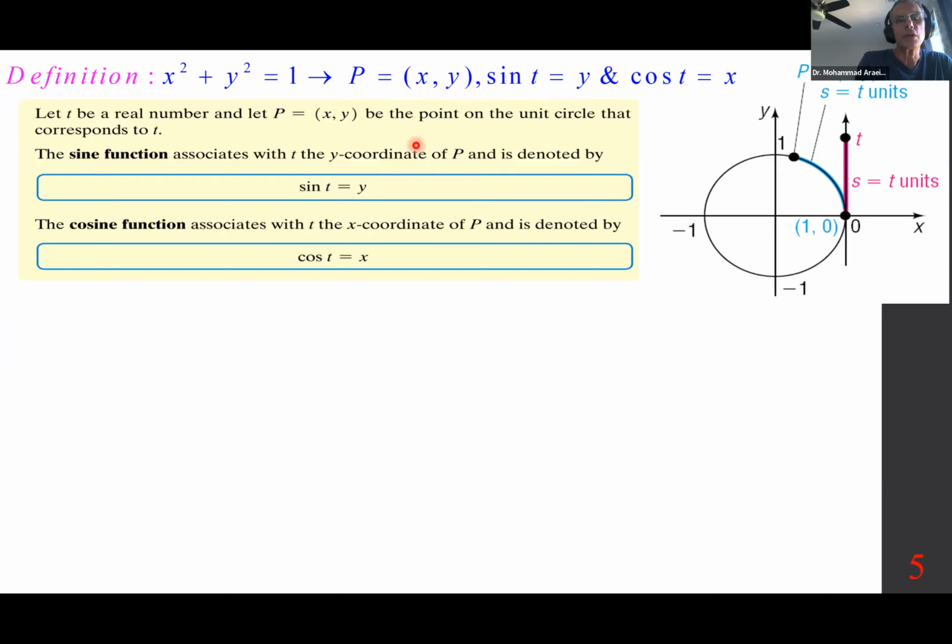So a quick recap, P has coordinates x and y. The sine function is y, the cosine function is x.